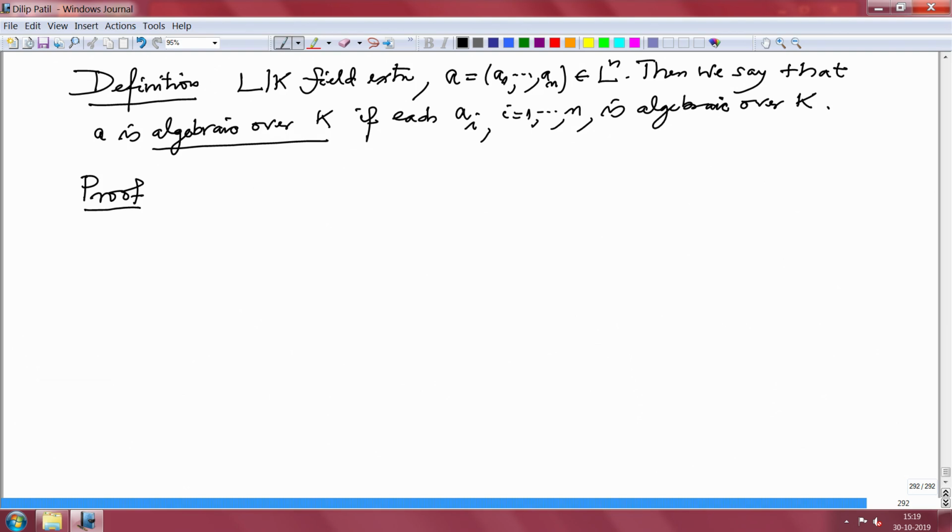The corollary says that if it is maximal, then each one of them is algebraic, and conversely. So I am proving it this way.